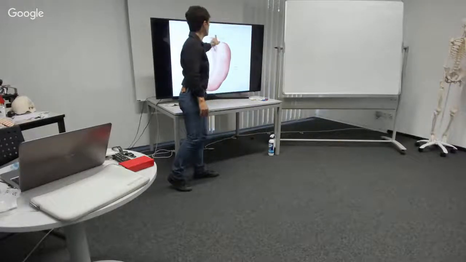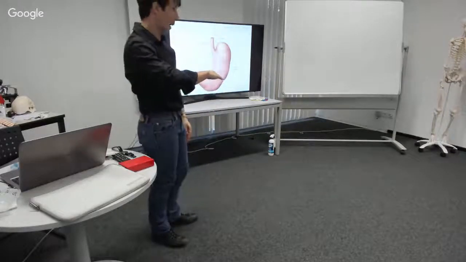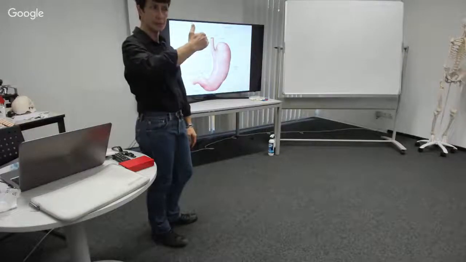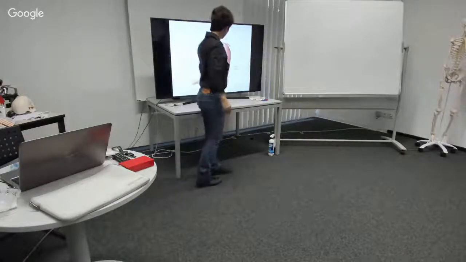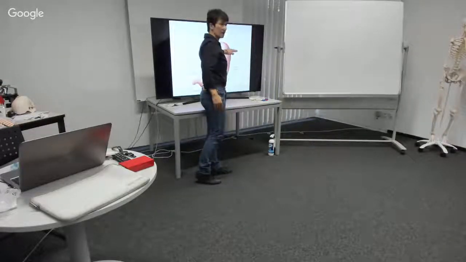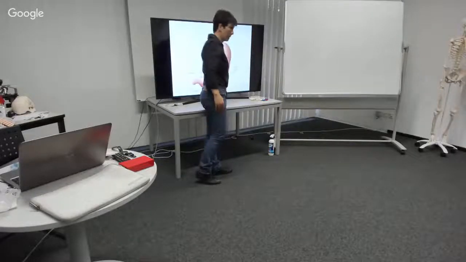It is what I call cardiac notch. So if I draw a horizontal line from the cardiac notch to the greater curvature, I identify the fundus and I separate this from the body.